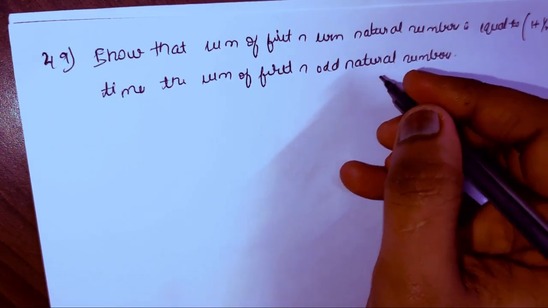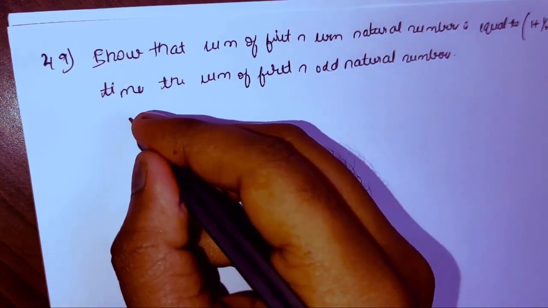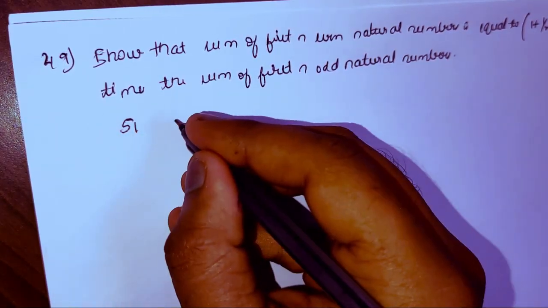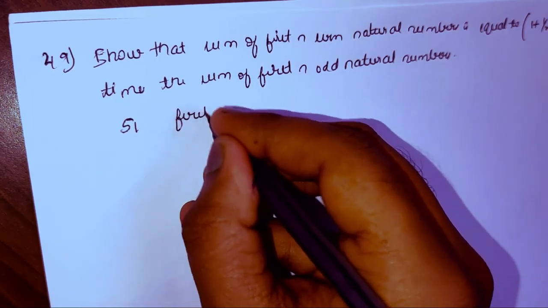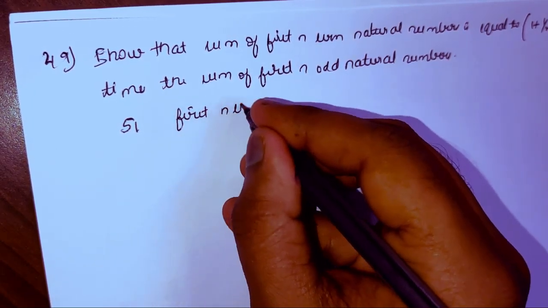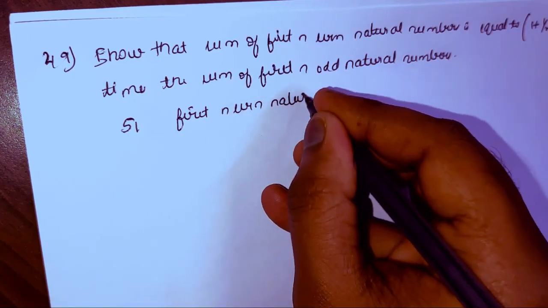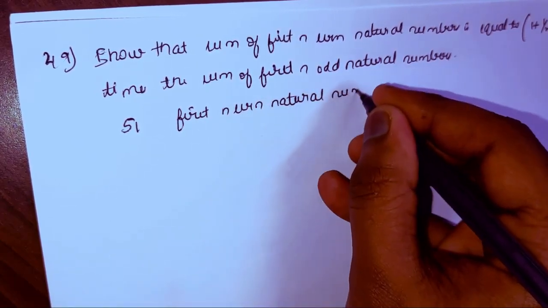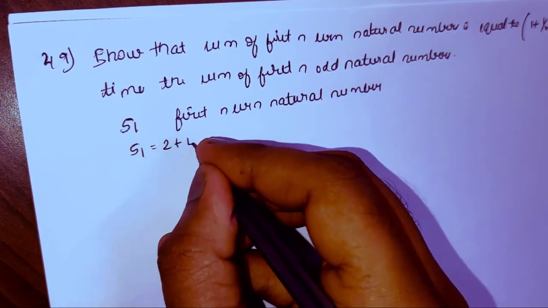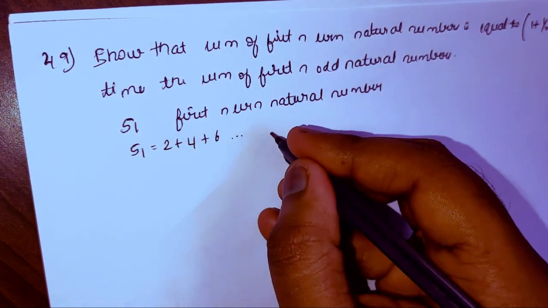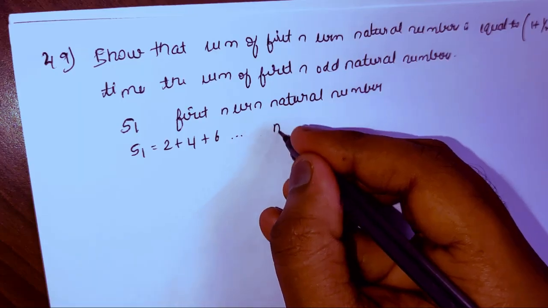We'll solve this question. We'll take S1 denotes the first n even natural numbers. That is S1 is nothing but 2 plus 4 plus 6, we do not know the terms, that is up to n terms.